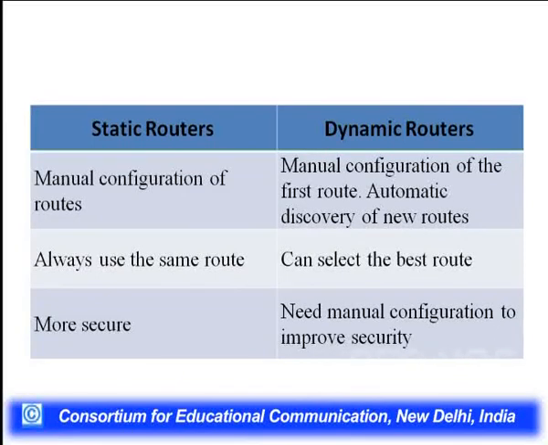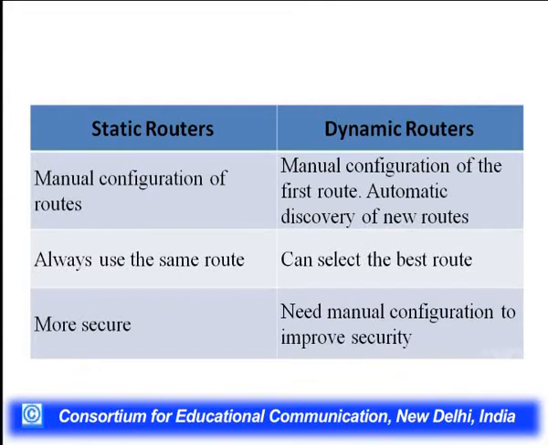Routers again are of two types: static routers and dynamic routers. Static routers have manual configuration of routes, but dynamic routers have manual configuration of the first route, and after that they automatically discover the new routes. Static routers always use the same route.